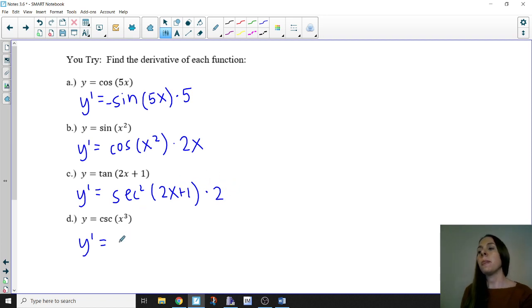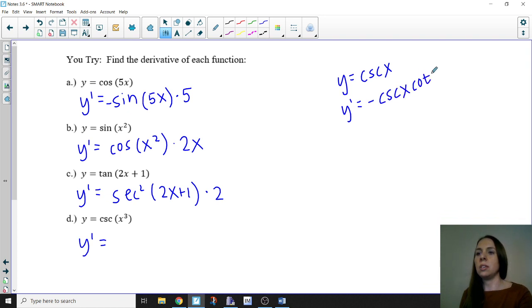Okay, finally, in part D, we have cosecant of x cubed, and the formula for the derivative of cosecant is negative cosecant cotangent, right? Like if we have cosecant x, then the derivative is negative cosecant x cotangent x, right?